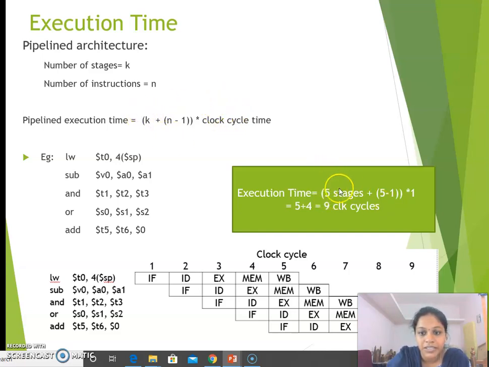So we substitute and find the answer. The total number of stages is 5, plus the total number of instructions 5 minus 1, so n minus 1 is 4, into clock cycle time. We assume that in this example we take 1 clock cycle for every phase, every functional unit. So into 1, the total number of cycles required, that is the execution time, is 5 plus 4, which is equal to 9 clock cycles.